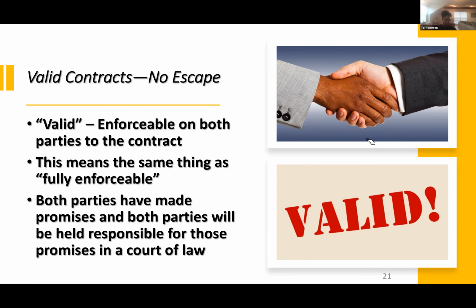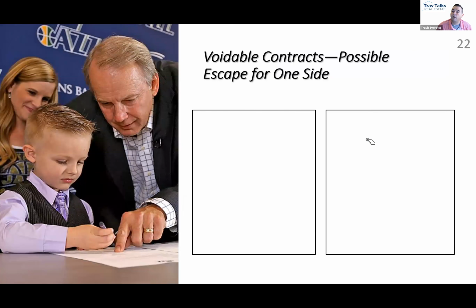So what we're doing is starting this progression down toward unenforceable, but we're not headed straight for unenforceable. There's a stop along the way. That stop is called voidable. A contract is voidable when it has some enforceable promises, but some that are what?